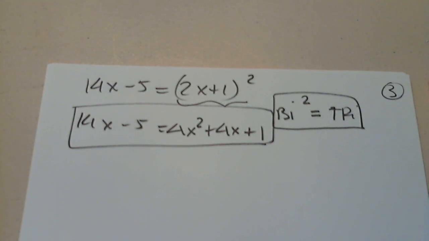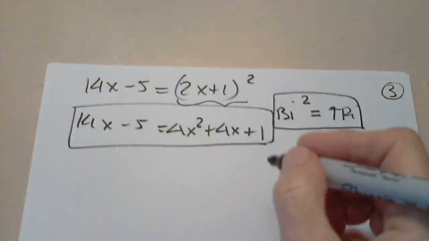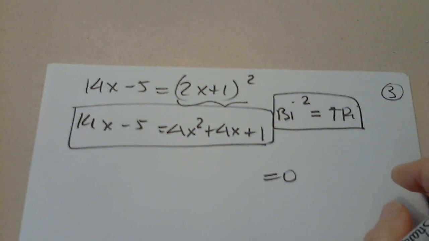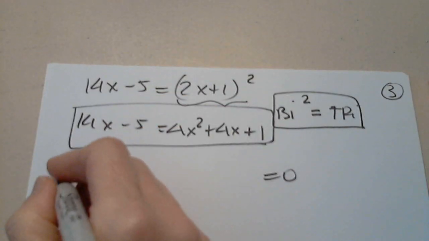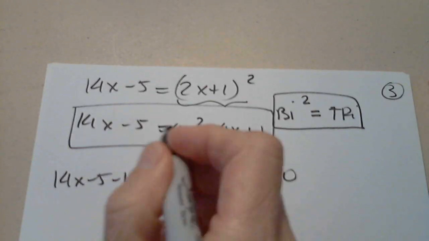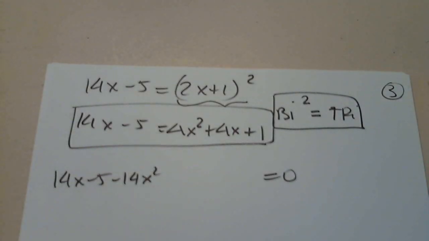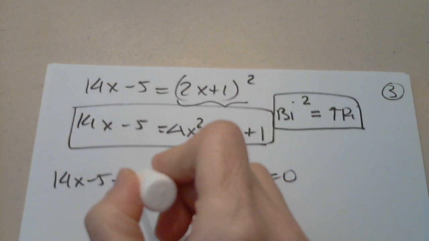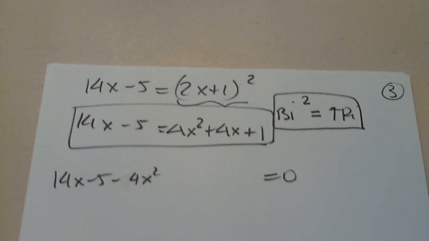Next step in line. I have to move everything to one side and have 0 on the other. So 14x minus 5 minus, it's not 14x squared, I don't know why I wrote 14, so minus 4x squared minus 4x and minus 1.